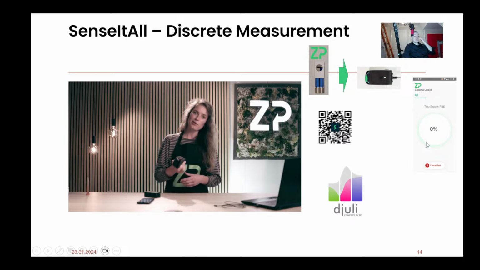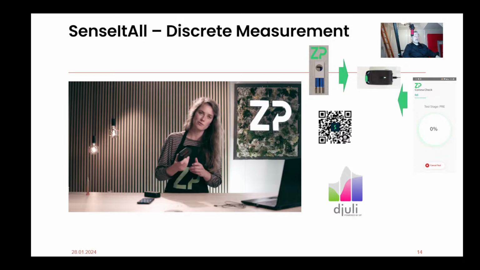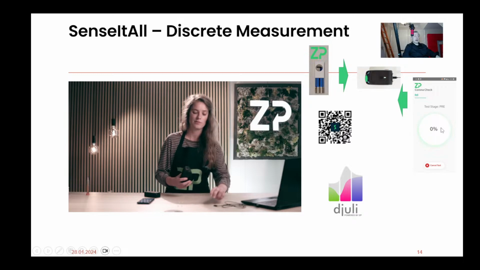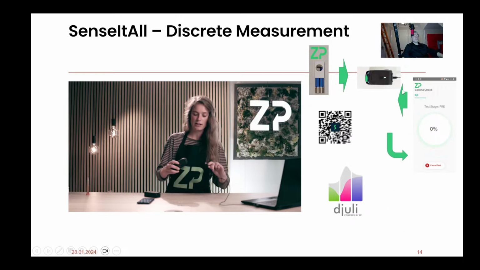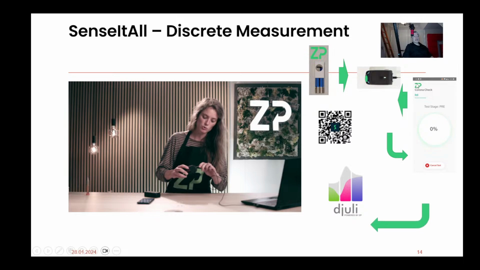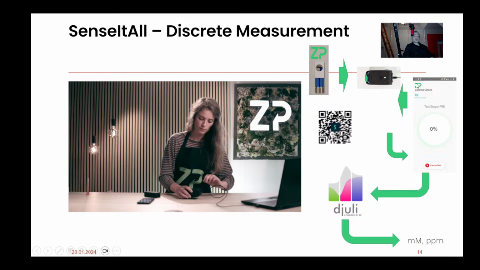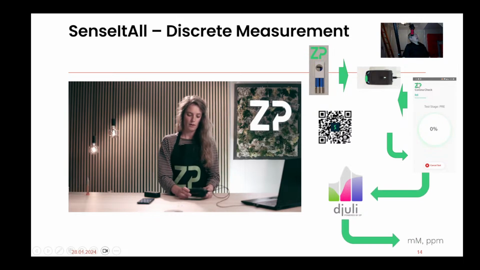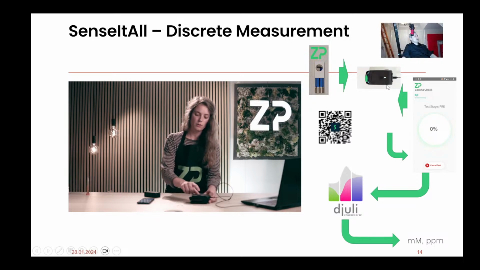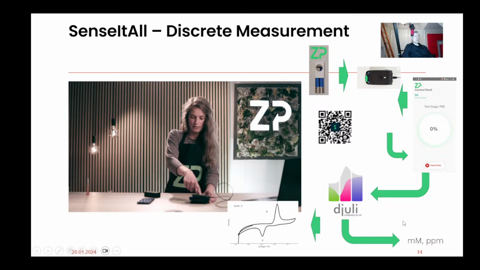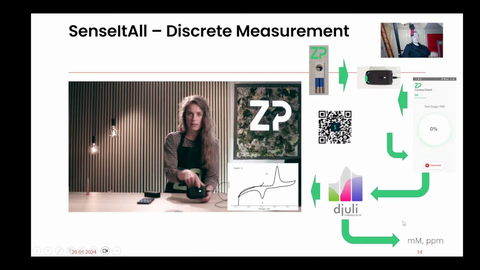They put the sample onto the sensor, and the app will tell the hardware what to do. The hardware will give the data back to the app, and the app will convert the data into, depending on the units, because this might be ppm, parts per million, it's probably that kind of industry. But also they'll get all the voltammetry data going up to the cloud.